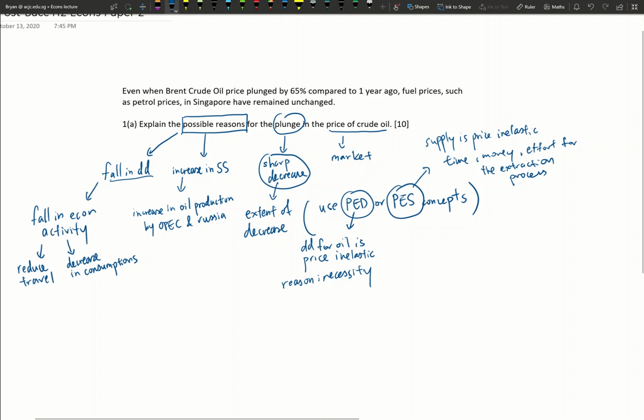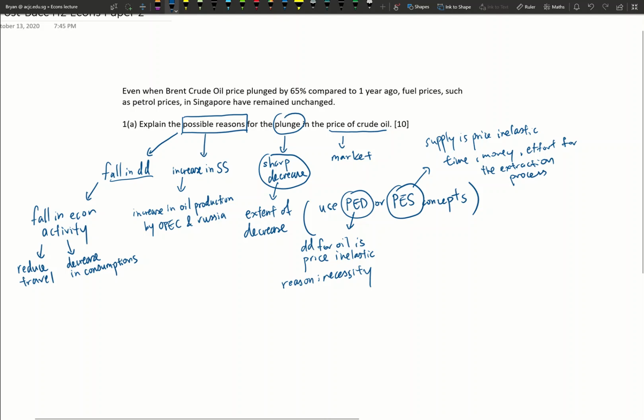In this case, PED and PS concepts to talk about the extent of change when supply and demand change respectively. In other cases, you can talk about YED if the question relates to a change in income, and we can talk about XED if the question talks about related markets like substitutes and complements.